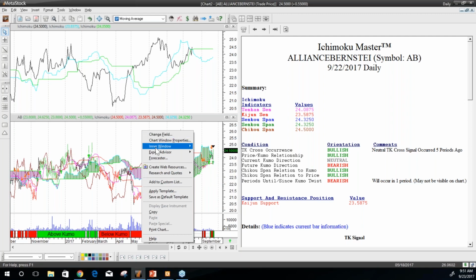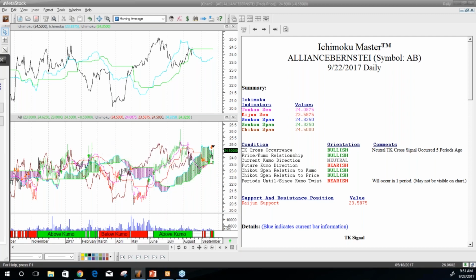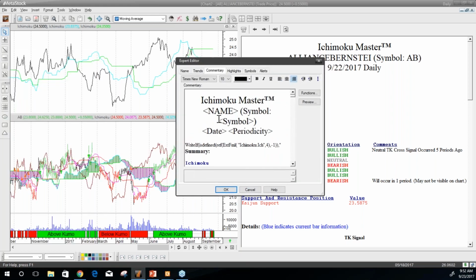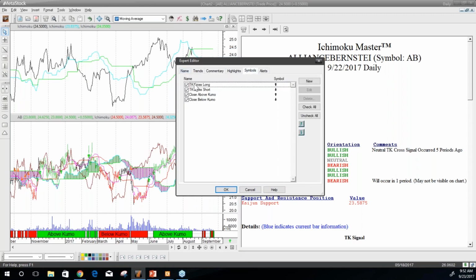What I'm going to do is go to Expert Advisor right here. I'm going to go to Properties. It will ask you for a password, and you just click on cancel. But you can come over here and turn on signals on the chart, which will display these buy and sell signals for you: when the TK cross goes long, TK cross goes short.